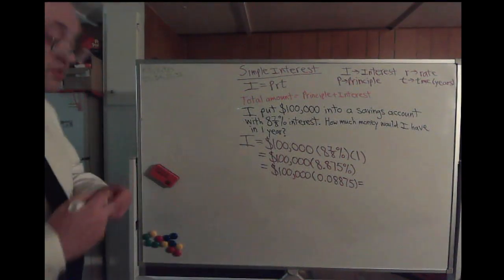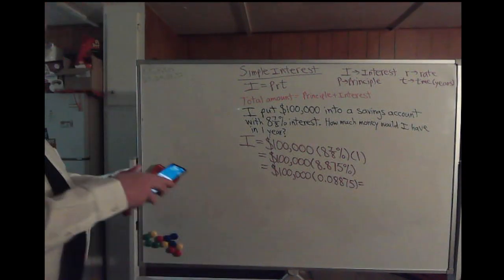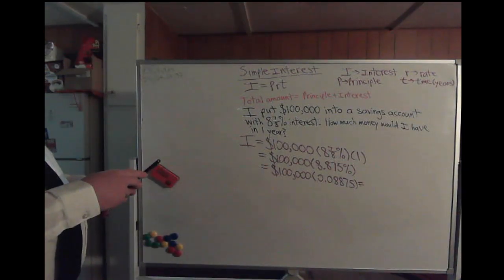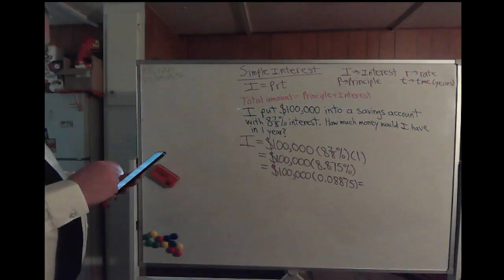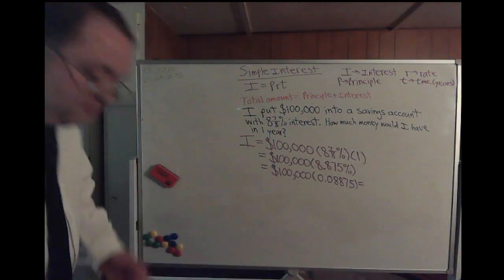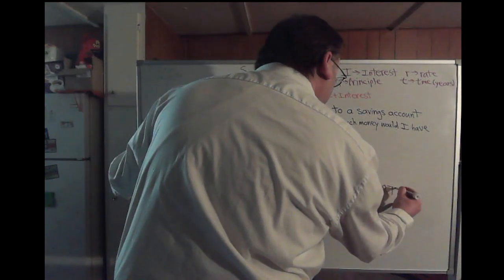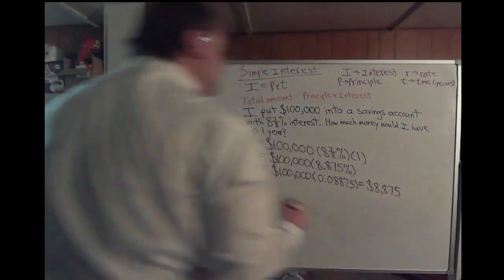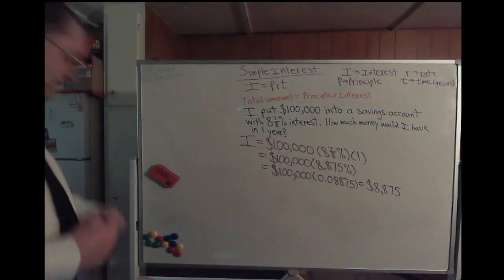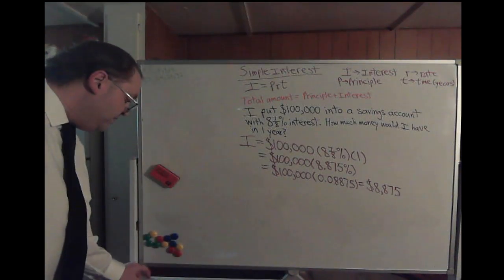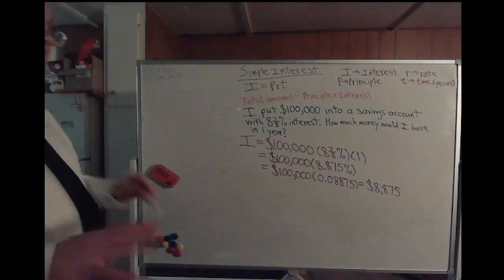Now all we gotta do is plug this into the calculator. 100,000 times 0.08875 gives you $8,875. That's your interest. Of course, we just found the interest after a year.